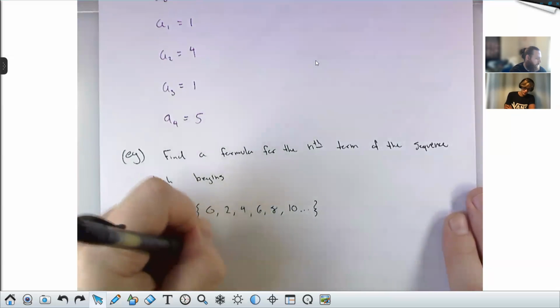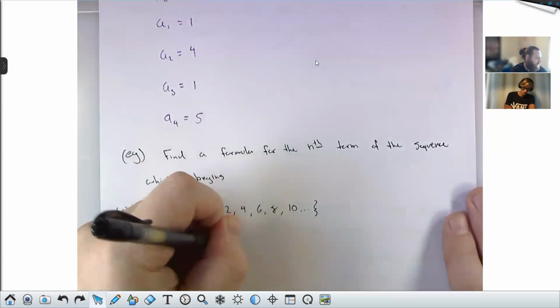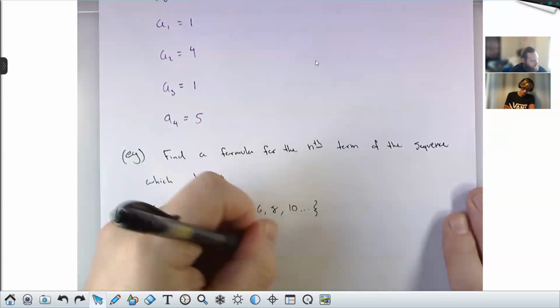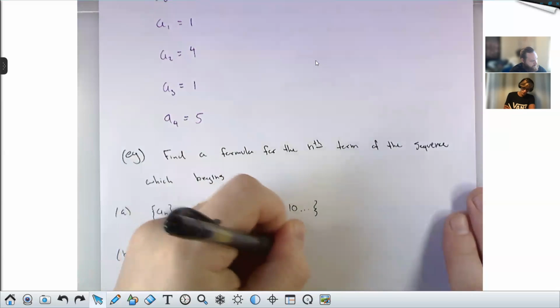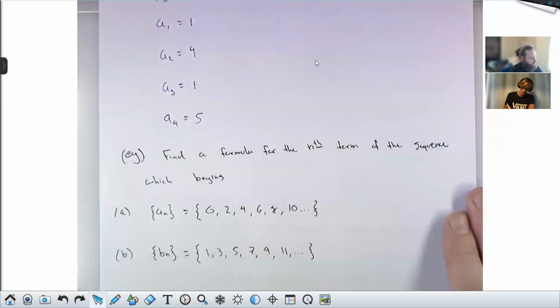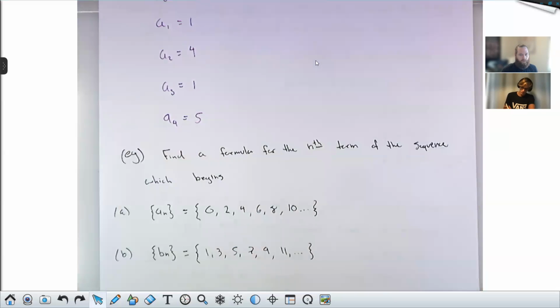For Bn, let's do 1, 3, 5, 7, 9, 11, and so on. And the ... means continues in this fashion. Right? That's called an ellipsis, and you've seen me use them in some places, but we'll be using lots and lots of ellipses throughout chapter 11.